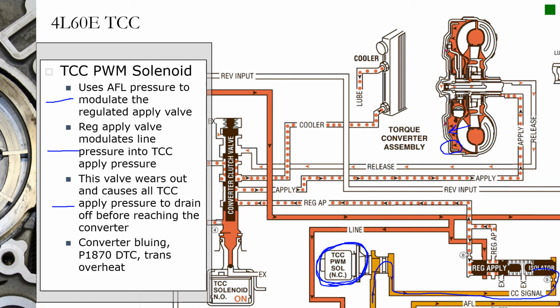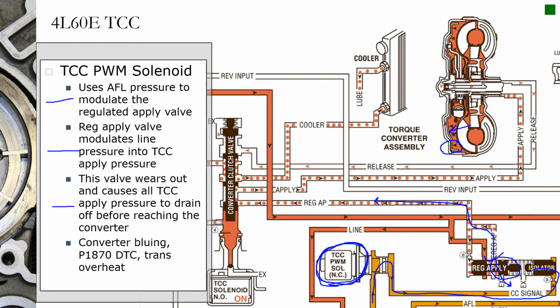So when this valve wears out right here, and you'll see this in the rebuilding particulars PowerPoint, the fluid could sneak out through this exhaust. And when it sneaks out through the exhaust, the fluid pressure that it's letting in never finds its way into the circuit to apply the converter clutch. It just leaked out.